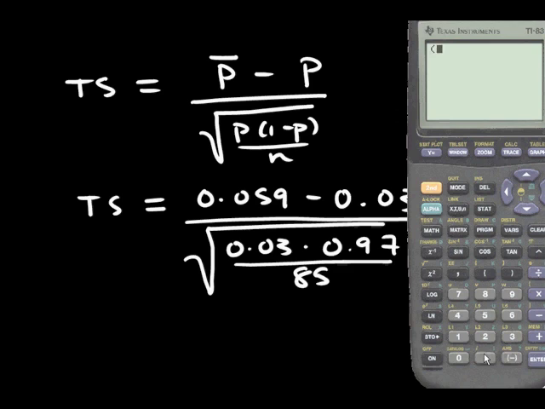Put the numerator in parentheses on your calculator so that we can enter this information efficiently. Divide by the square root of the 3% times its complement, which is 97%, divided by 85, close your parentheses.